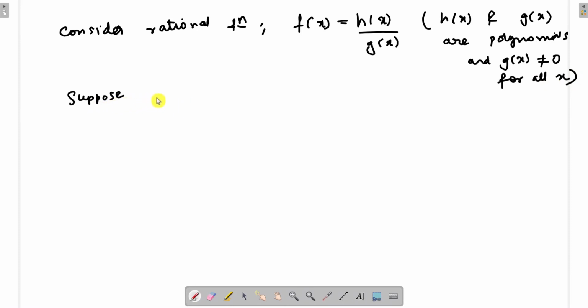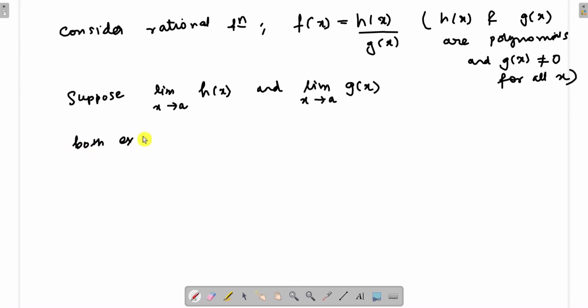Okay, now suppose the limit as x tends to a of hx and the limit as x tends to a of gx both exist, and the limit as x tends to a of gx is not equal to 0.